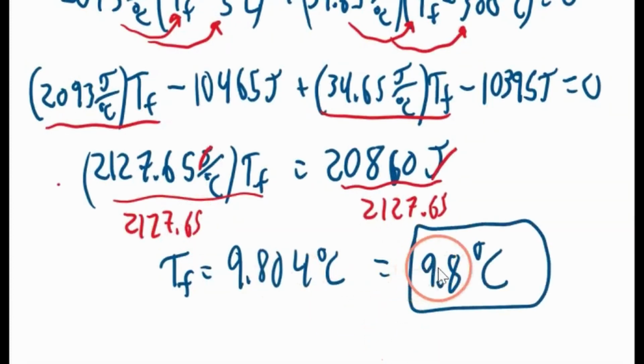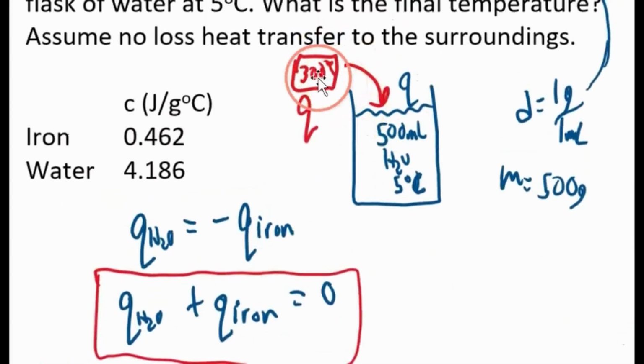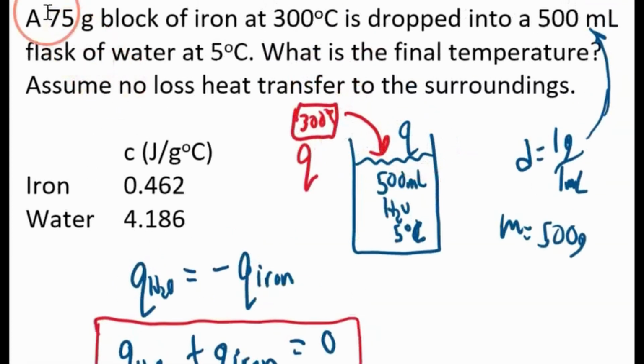Okay, so the water and the block together only heat up to 9.8 degrees Celsius. Does that make sense? The iron is very, very hot, so shouldn't the temperature of the water go up more? It actually makes sense when we think about it, because we have a lot of water, and a lot of water can absorb this energy. So we have heat transfer to a lot of water with a relatively small block.